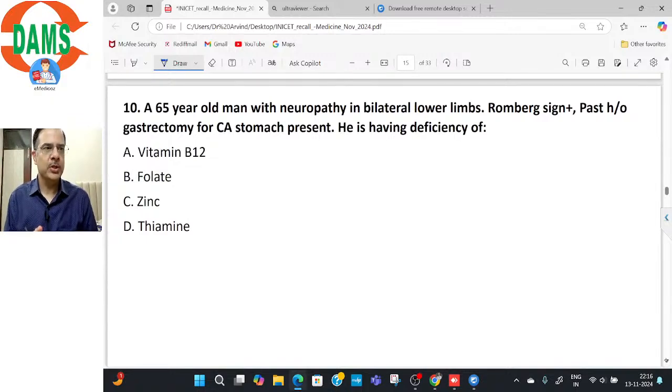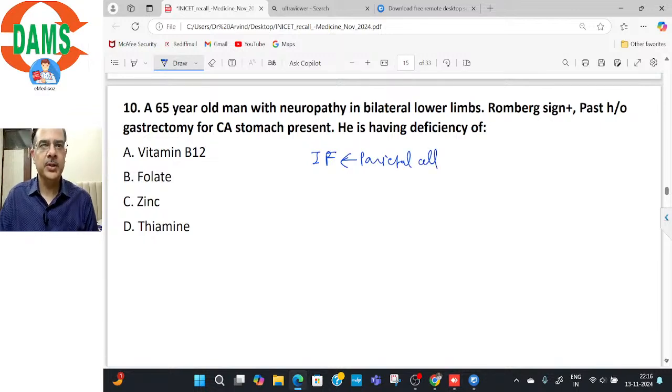Now coming to question number 10. This is one of the easy questions in the GIT. This we have discussed so many times. Intrinsic factor is released by the parietal cells of the stomach.